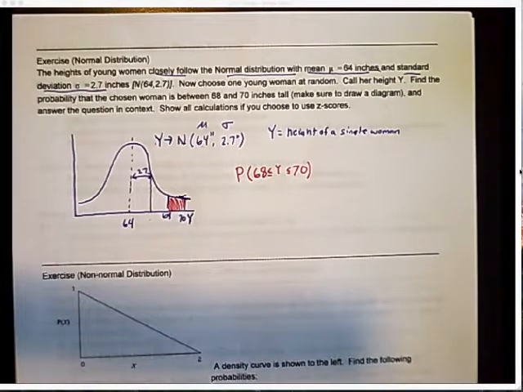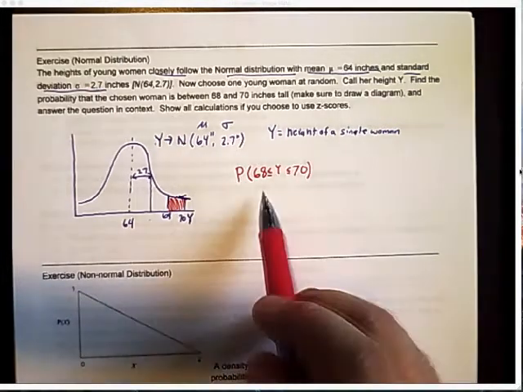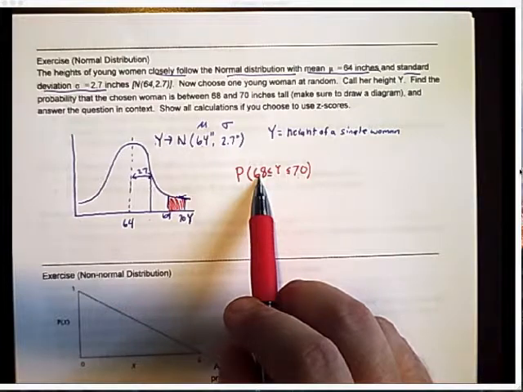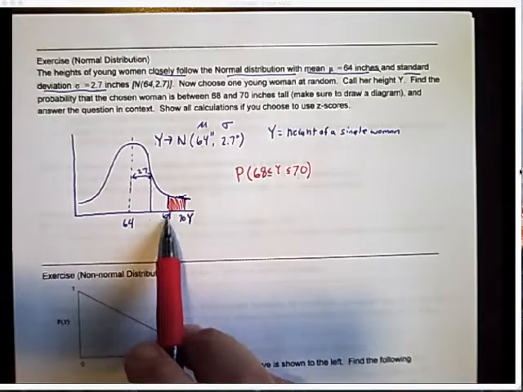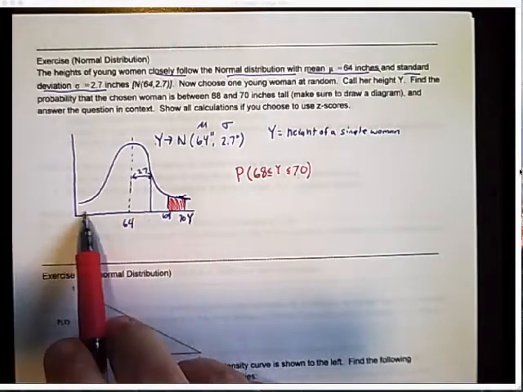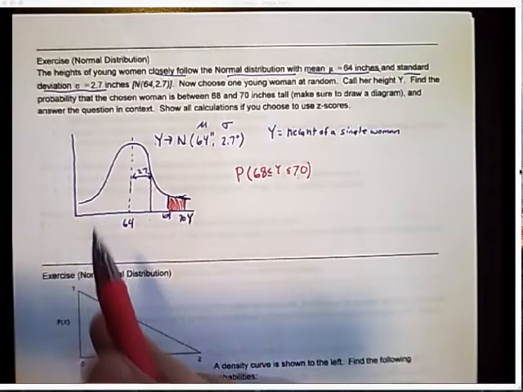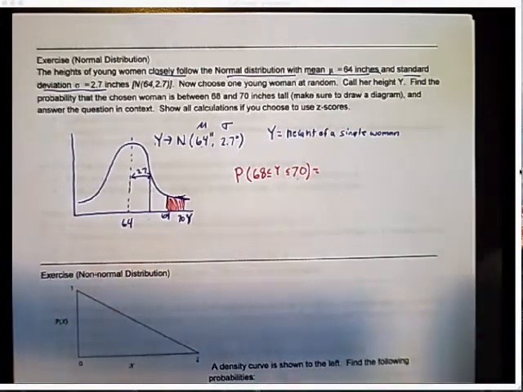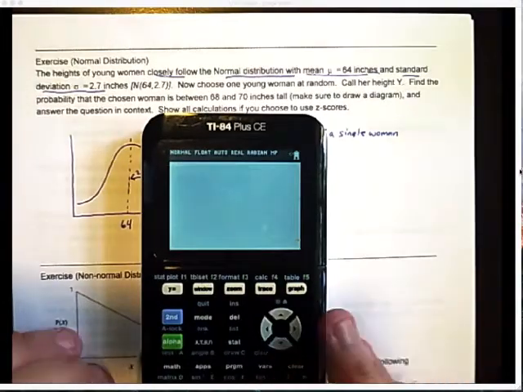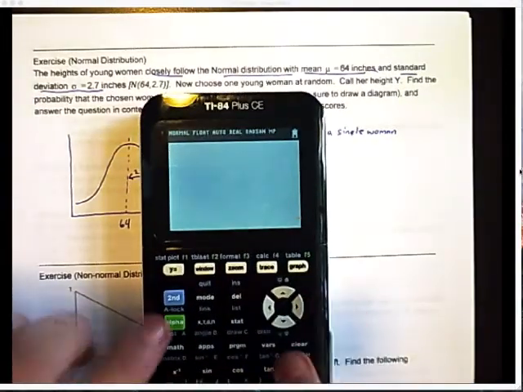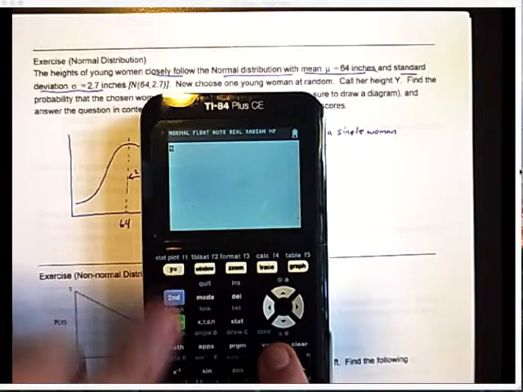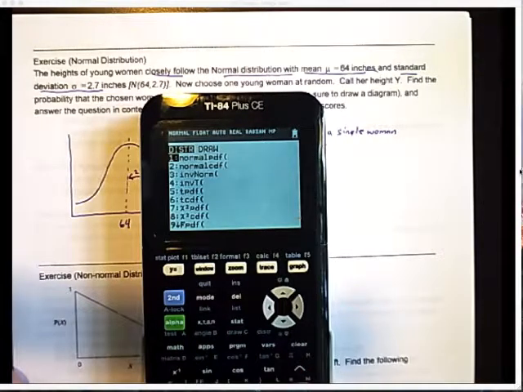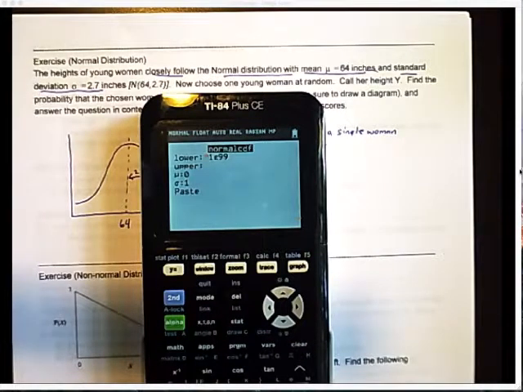Now, we can do one of two things. We can convert these to z-scores, and then we can use our tables to find the area to the left of that. But an easier method is just to use the calculator. Now, how do we do that with the normal curve? We go under our distributions menu, so second, vars, go to normalcdf.